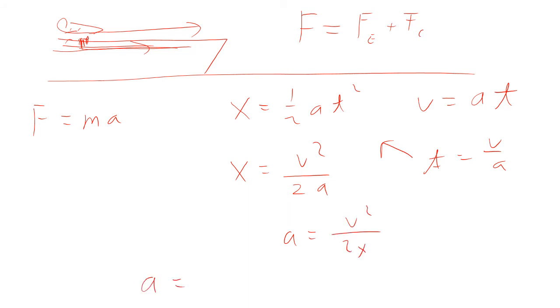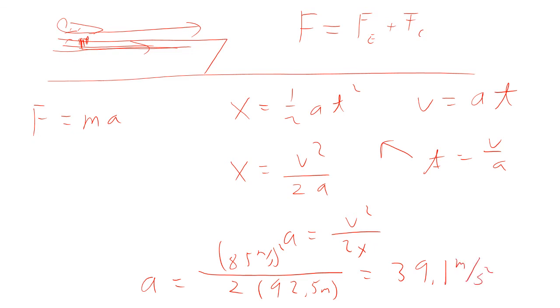So a is going to be 85 meters per second, squared, divided by 2 times 92.5 meters. Okay, so the acceleration now has to be 39.1 meters per second squared.